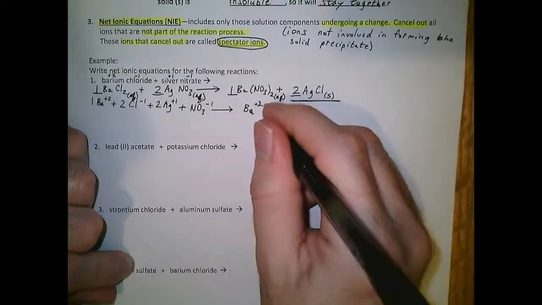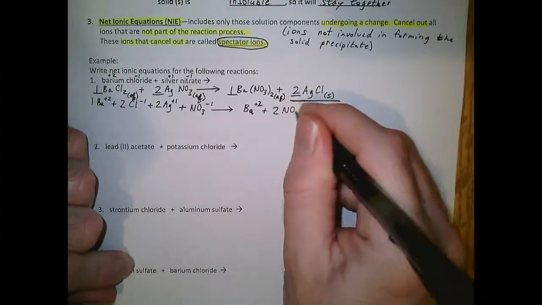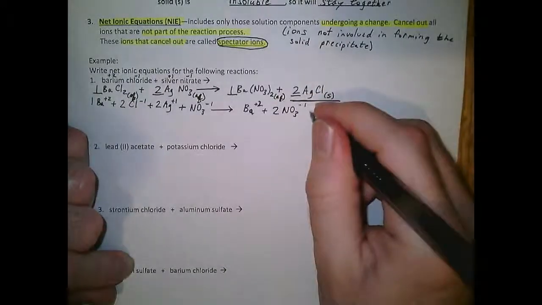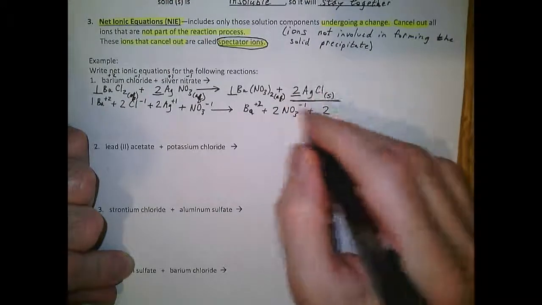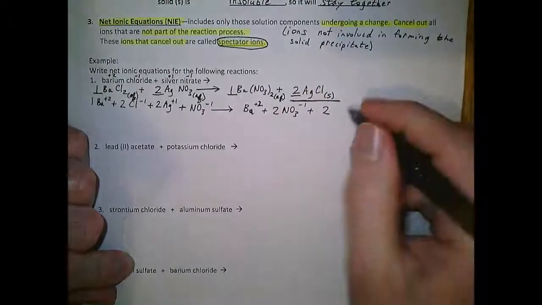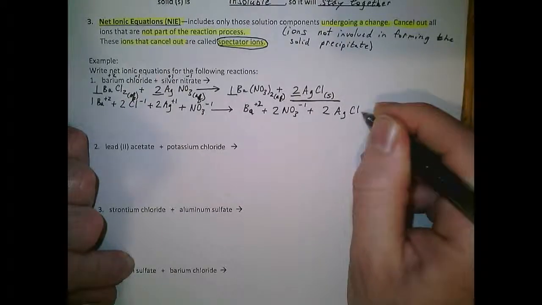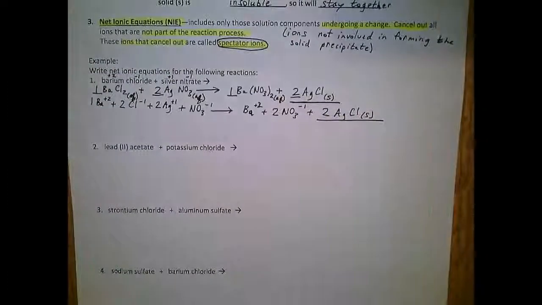Ba +2 plus 2 NO3 -1 plus 2, this one doesn't split, it's solid. 2 AgCl as a solid. I'm going to underline it again to remind myself in the next step.